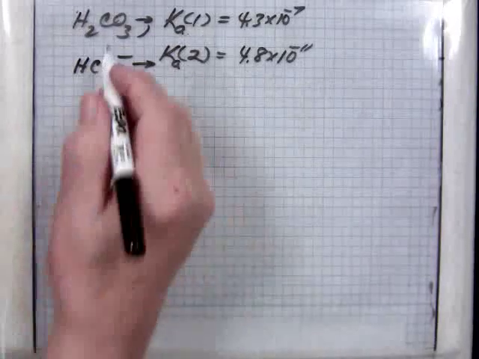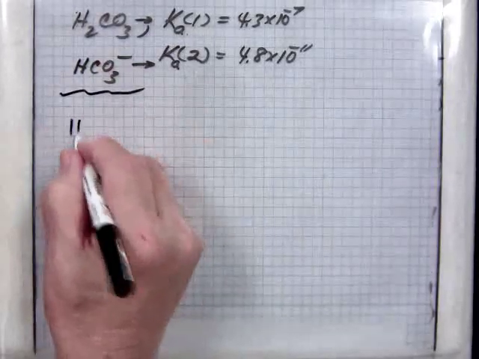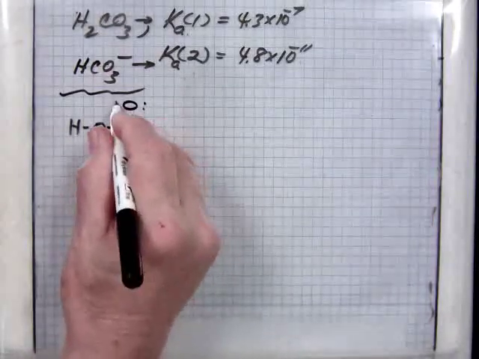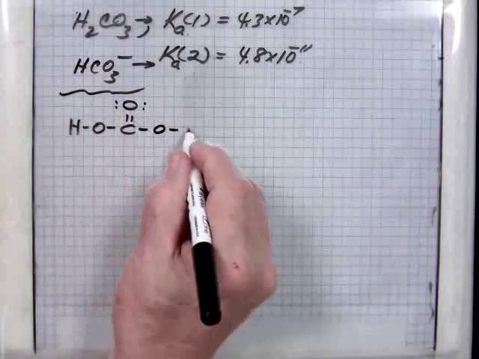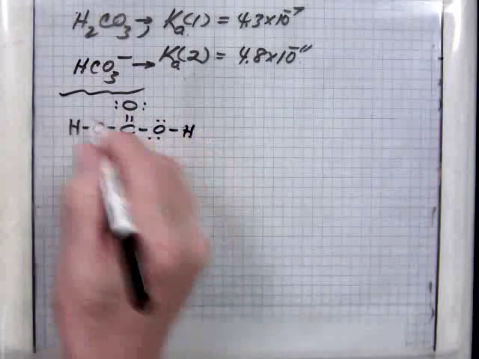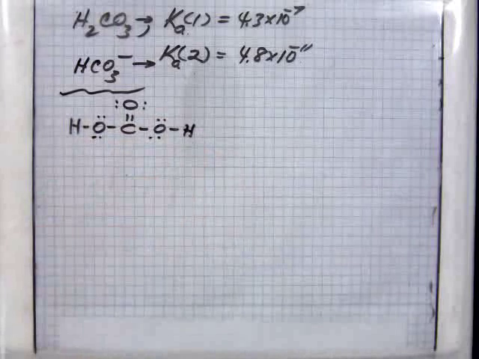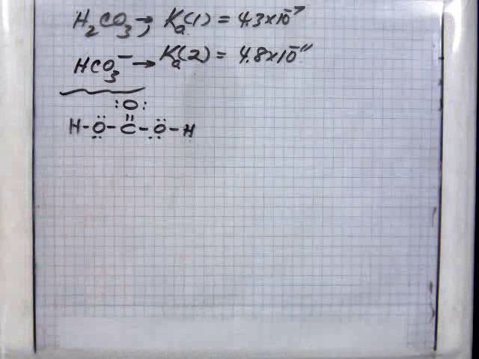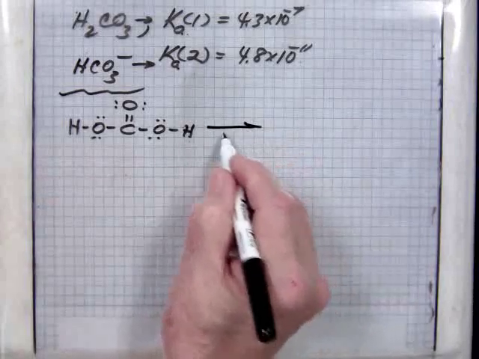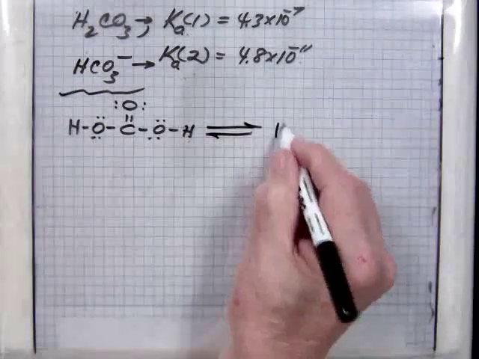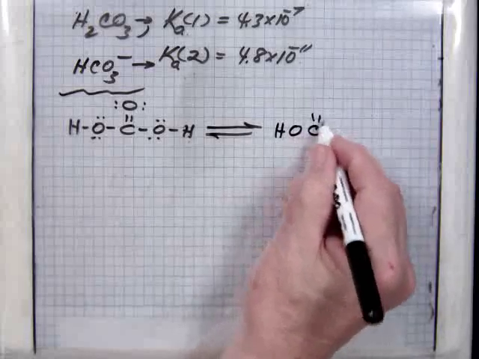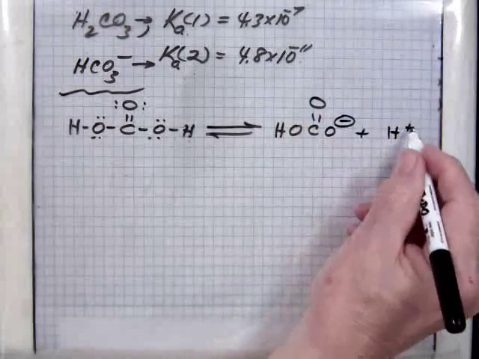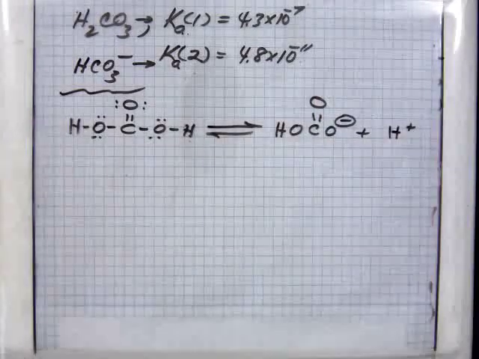Okay, carbonic acid has a structure in Lewis structure form that looks like this. Those are non-bonded electrons, all the dots and stuff like that. And so it has two ionizable hydrogens. Well, in the first ionization step, it will go to this structure and deliver one of the hydronium ions into solution.